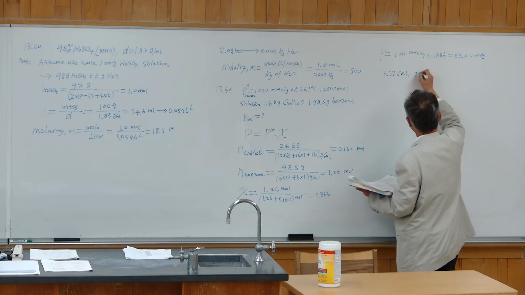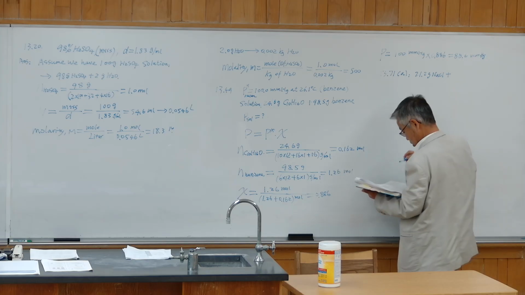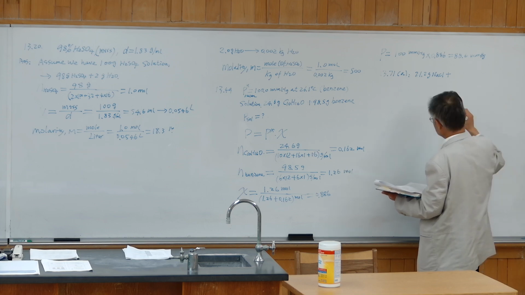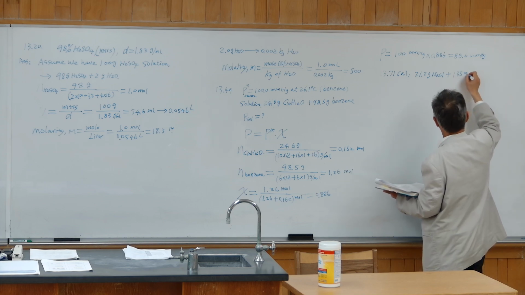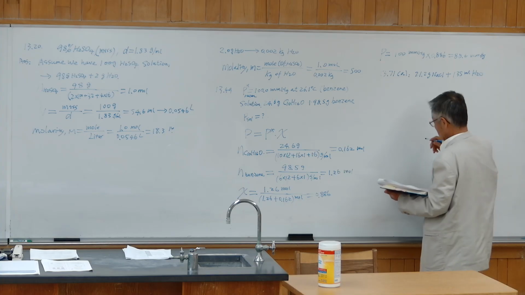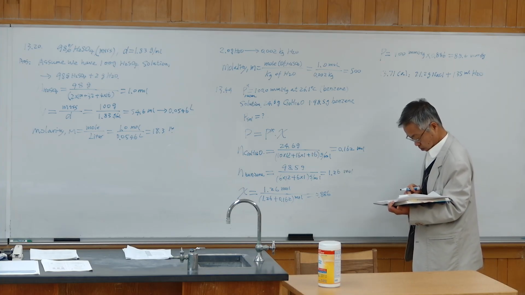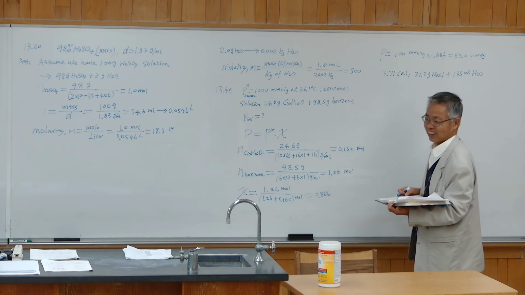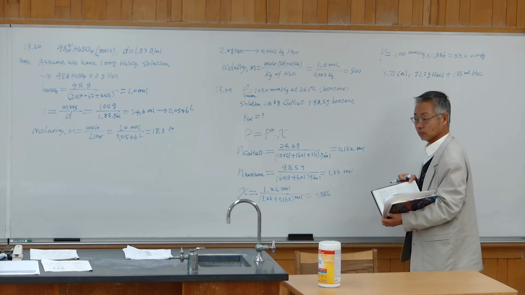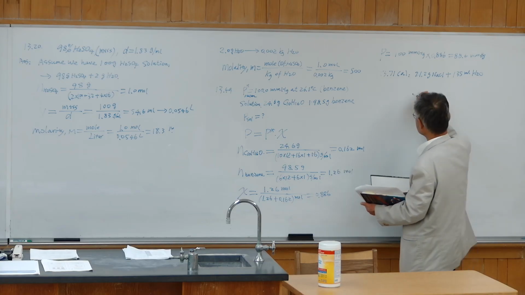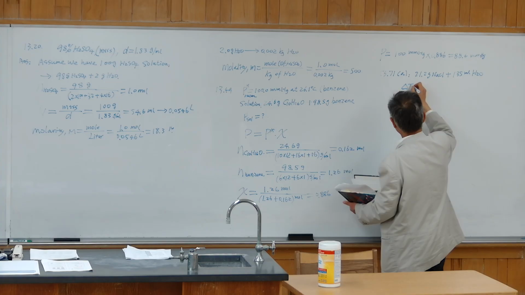It asks what the normal boiling point and freezing point are. You realize this is colligative properties: boiling point elevation.